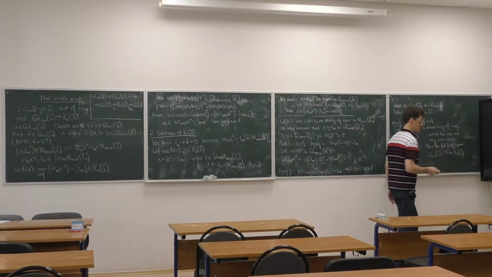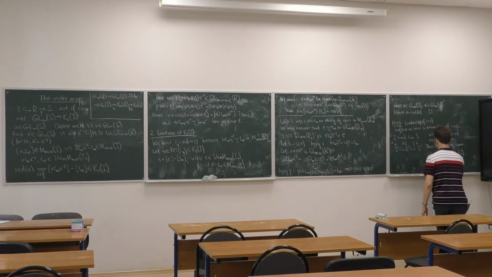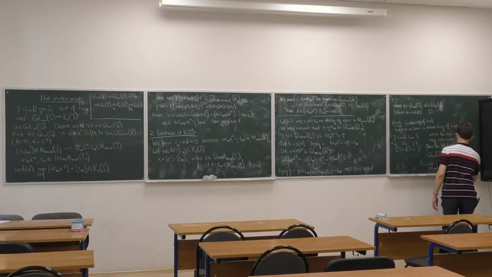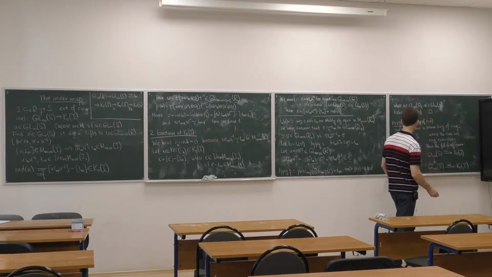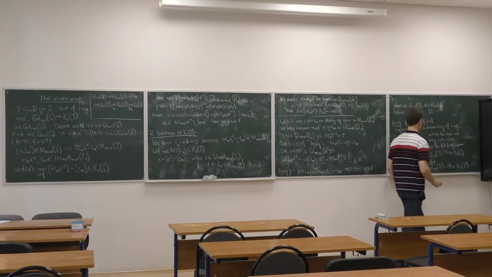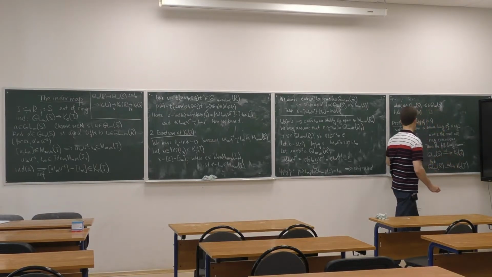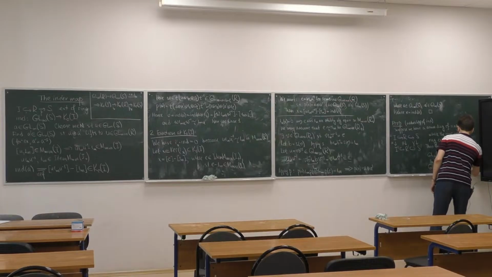We can calculate the index map for this extension, and it takes GL infinity over S prime to K0 of I prime. And of course, here we have a homomorphism induced by gamma star. And here we have the homomorphism induced by alpha. This will be alpha star. So I claim that this diagram commutes.